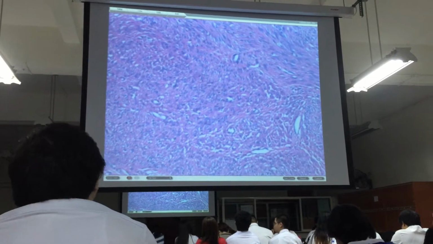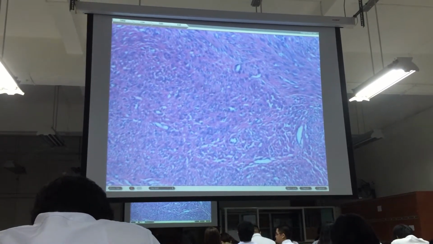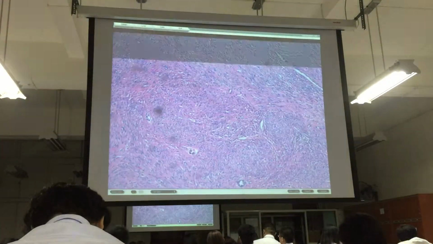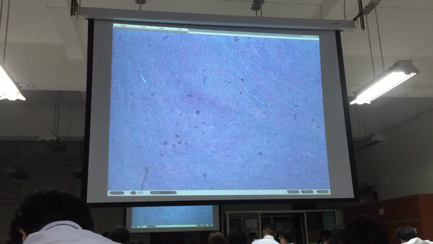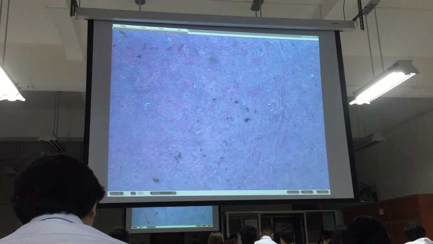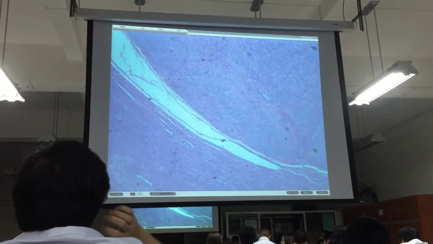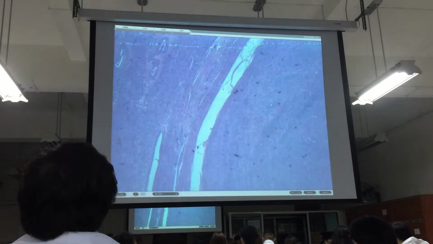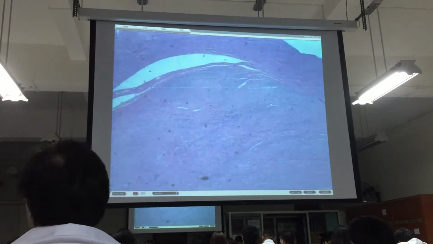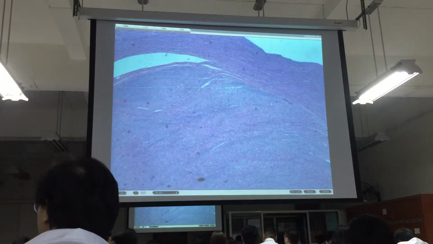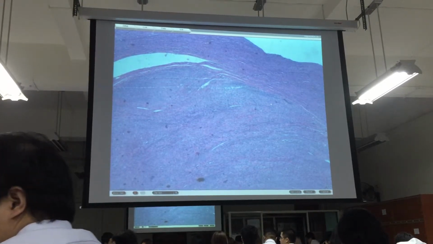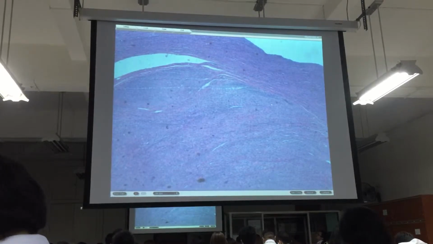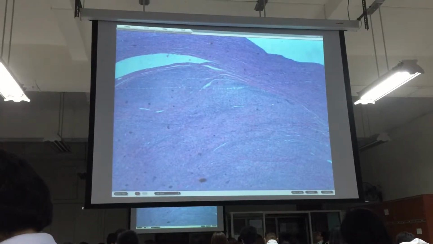Different directions. So again, with this, what is your diagnosis? This is leiomyoma. And if you trace this, there's a space. If you can trace the border of this leiomyoma, this is what you call your well-differentiated pattern.